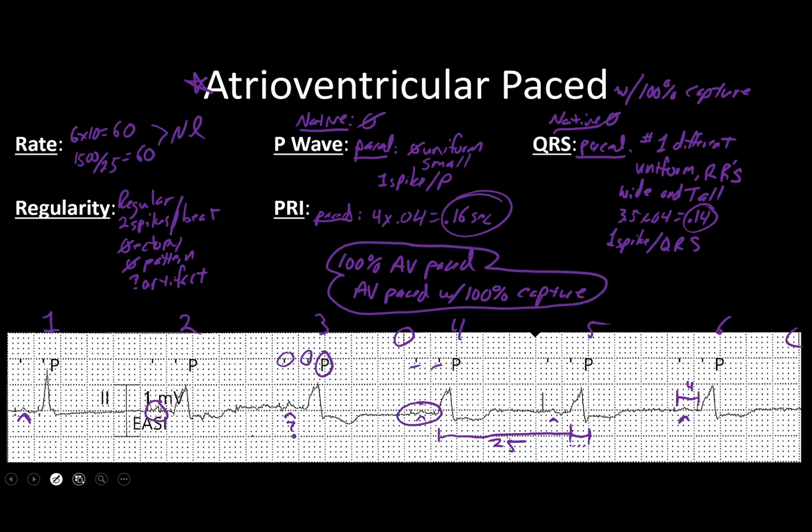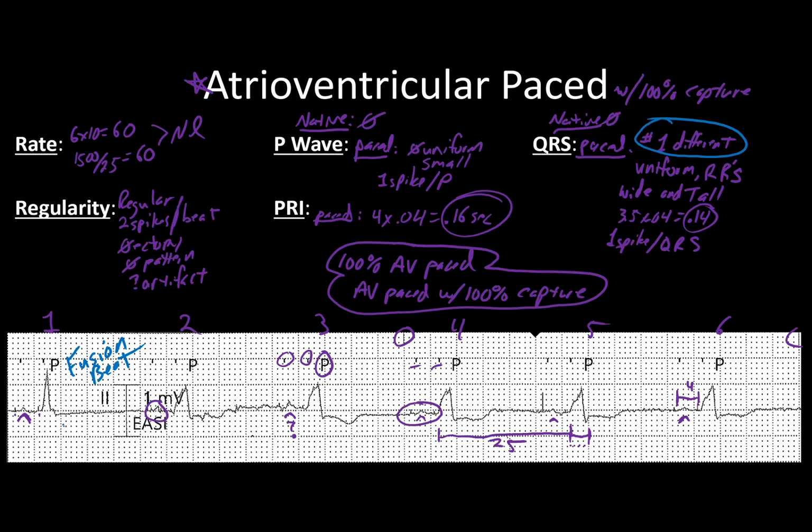For those that are curious, there'll be more on this in the advanced arrhythmia lecture, but you might be wanting to know why beat number 1 looks different. This is what a fusion beat looks like. I'd mentioned it in terms of the malfunctions and things that can go awry.